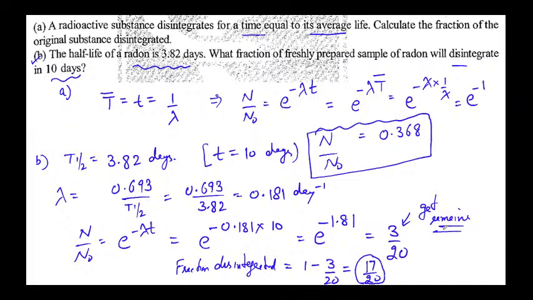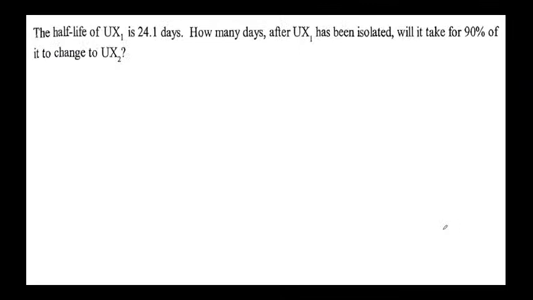So next question: the half-life of an unknown substance UX1 is 24.1 days. How many days after UX1 has been isolated will it take for 90% of it to change to UX2?